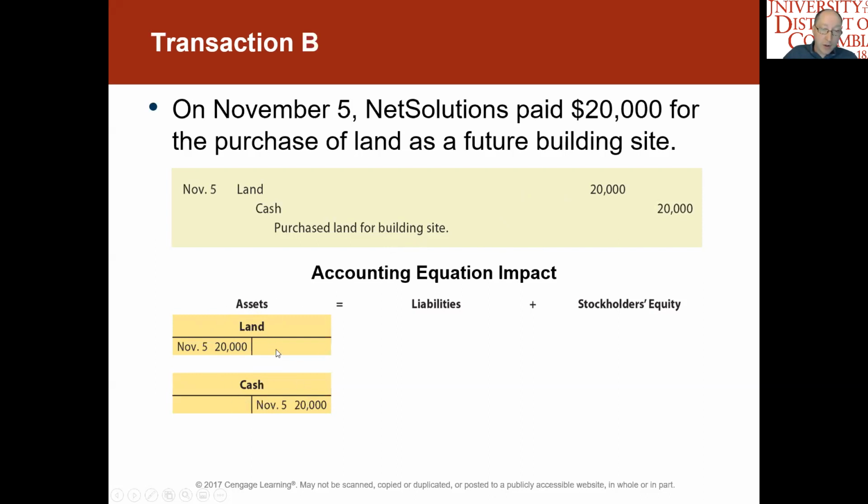Both are assets, so we're netting out, increasing asset and decreasing asset at the same time, right? So the accounting equation is still in balance because the other side of the equation is not being impacted.